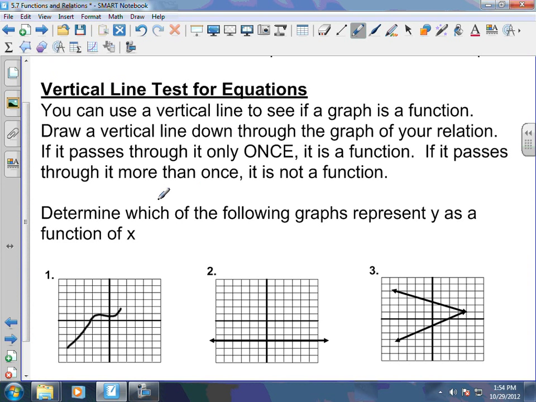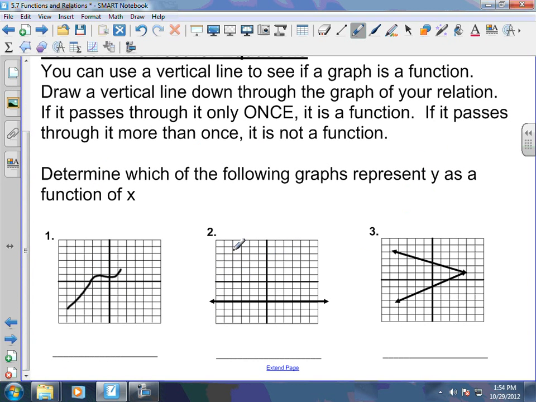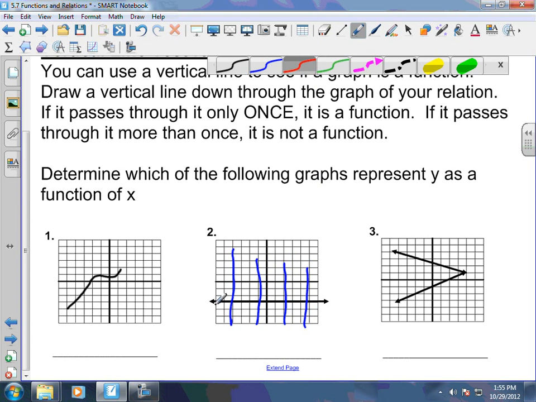First, we're going to do the vertical line test to determine if the graphs represent y as a function of x. The vertical line test says if I draw a vertical line through my graph line, it will only touch it once. So on number 2, is there any way for you to draw a vertical line that will touch that graph line more than once?